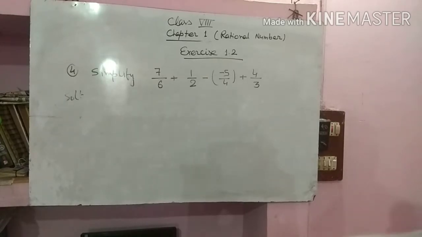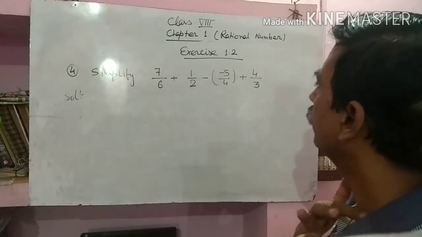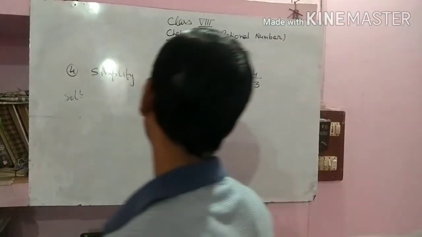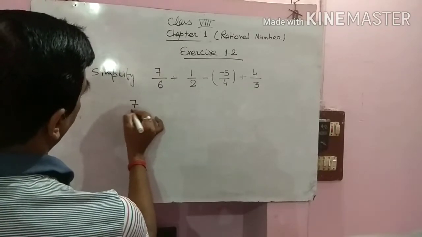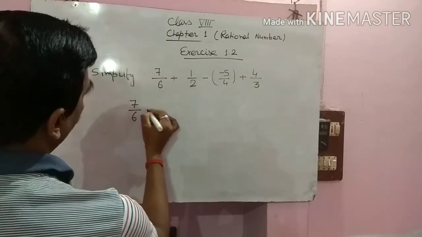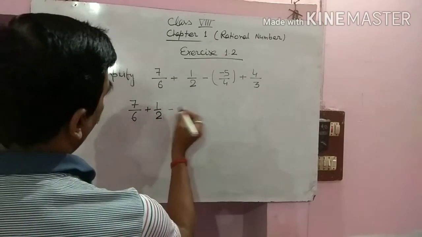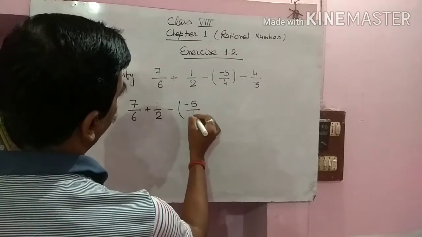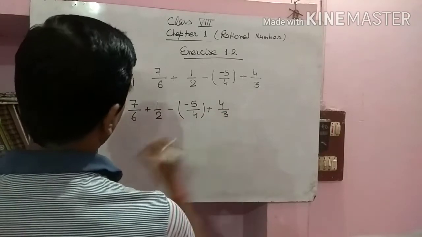Next question is: simplify 7 by 6 plus 1 by 2 minus, in bracket, minus 5 by 4 plus 4 by 3. In case of simplifying this, first of all we rewrite the numbers as given: 7 by 6 plus 1 by 2 minus, writing the bracket again, minus 5 by 4 plus 4 by 3.